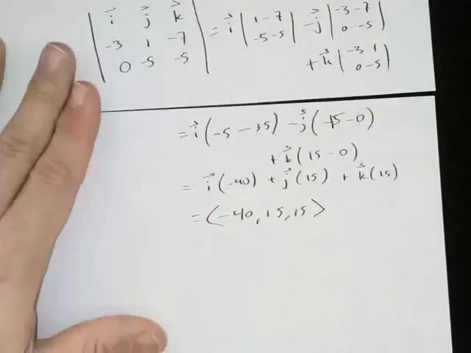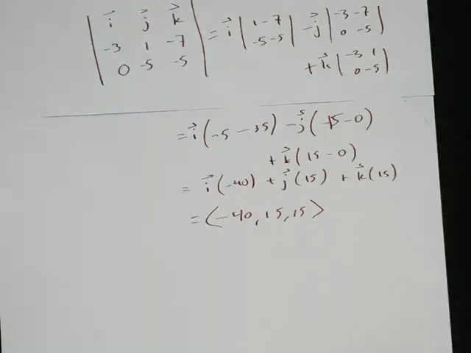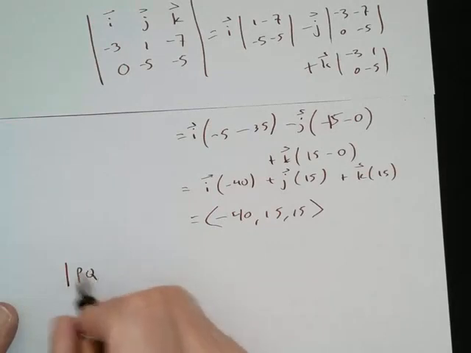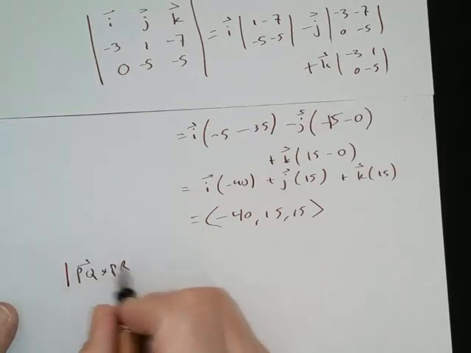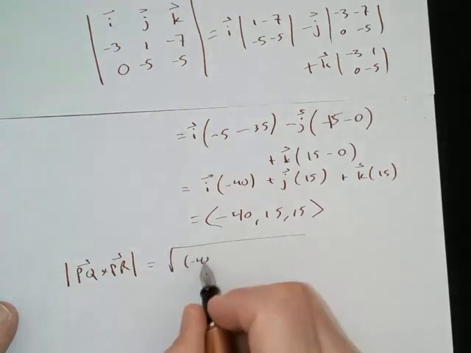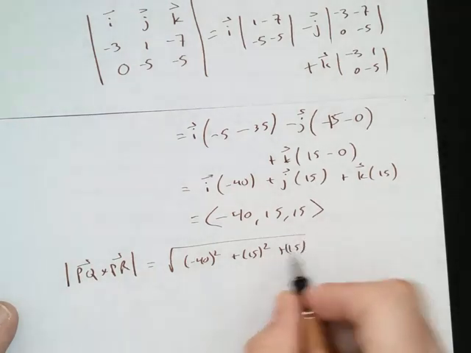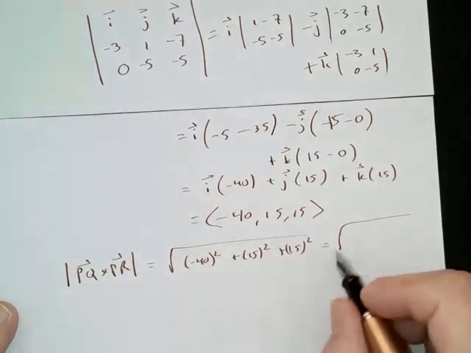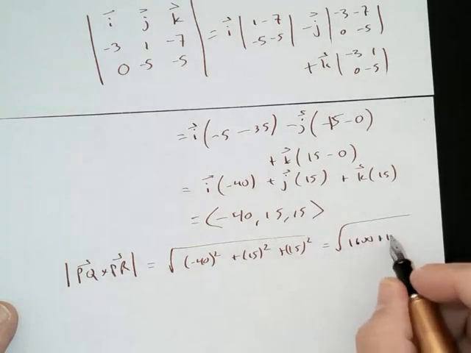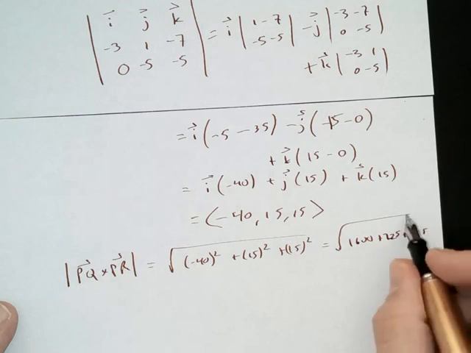And now I need the length of that, right? Well, this number is going to suck because to do the length, I have to do the square root of each of those squared. 40 squared is 1600. 15 squared is 225 twice.